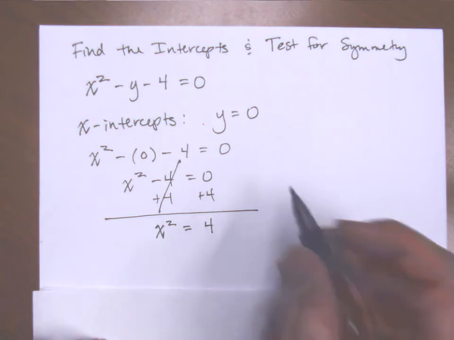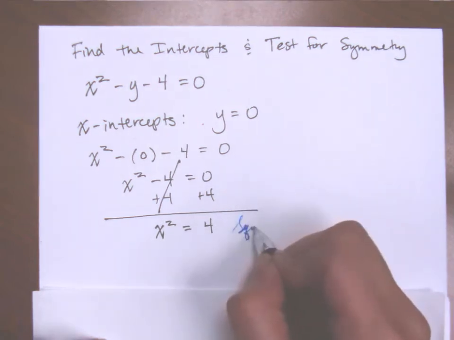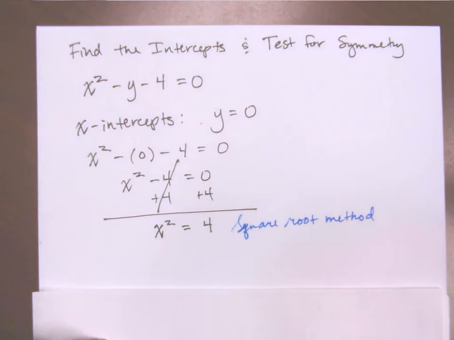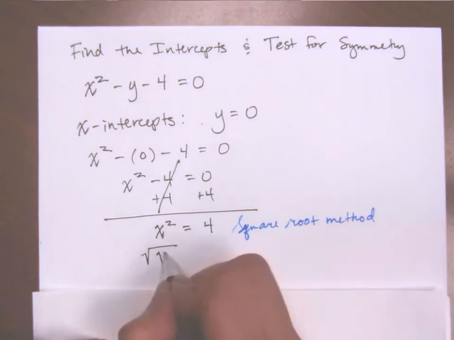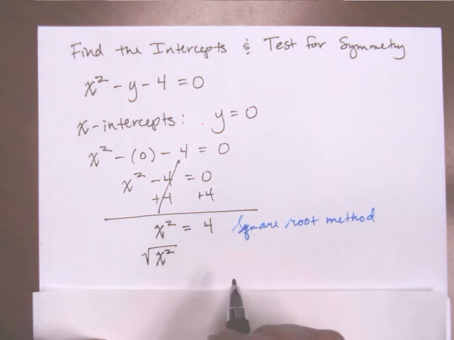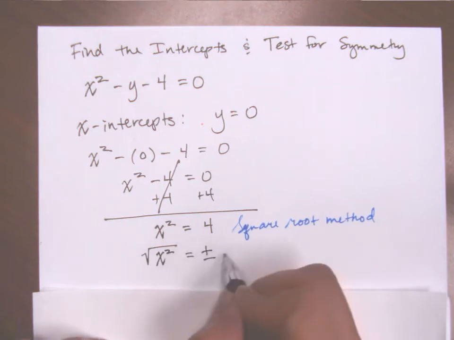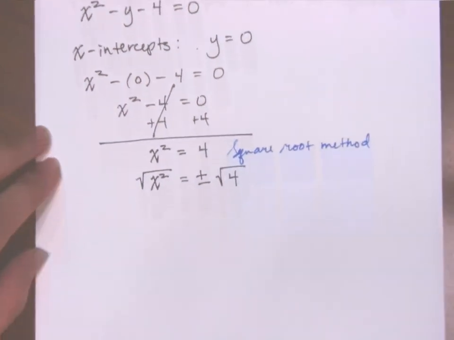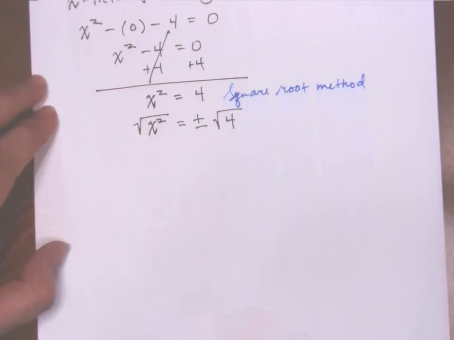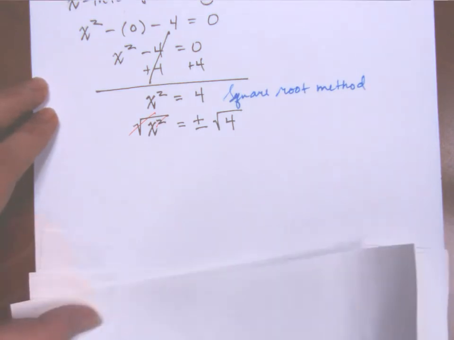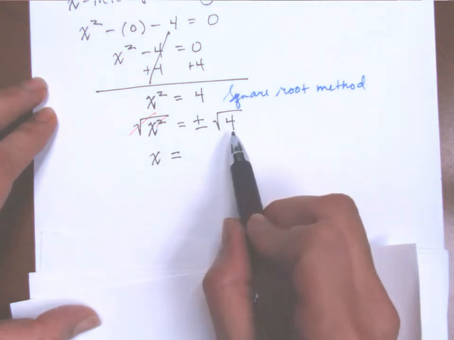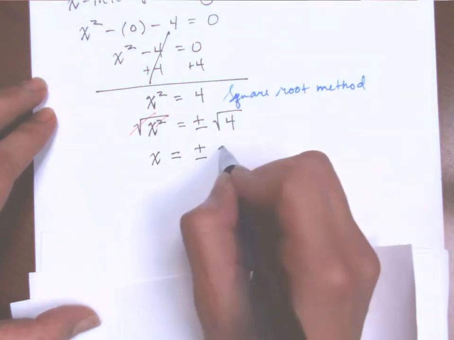Now if you've been watching all the other videos, here we can use the square root method. So I'm going to put a square root on both sides. So the square root of x squared equals plus or minus the square root of 4. Okay, so simplifying this, my radical cancels out my exponent. So on the left-hand side, I'm left with x equals, and I know the square root of 4 is 2, so plus or minus 2.